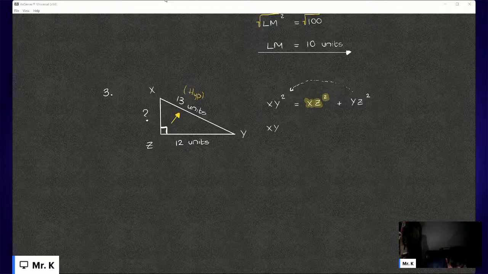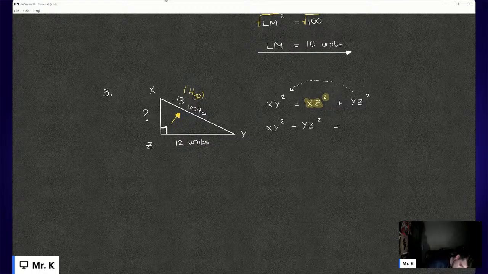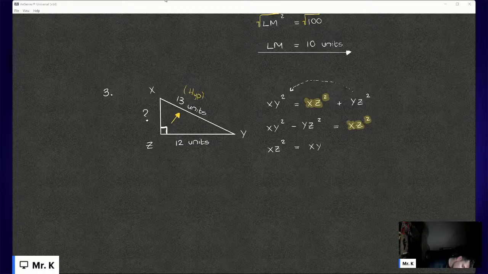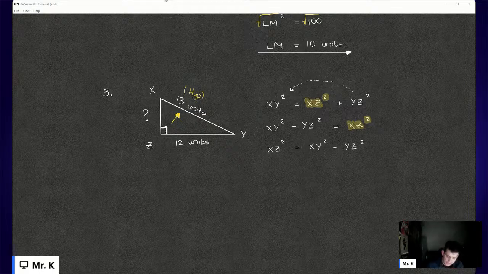And we would have XY squared minus YZ squared is equal to XZ squared, which is the value that we are interested in, right? Now we may go ahead and switch the sides of the equation around so that it's easier to read. So XZ squared on the left, with everything that we had on the left now on the right. Okay, this is how we would rearrange this.